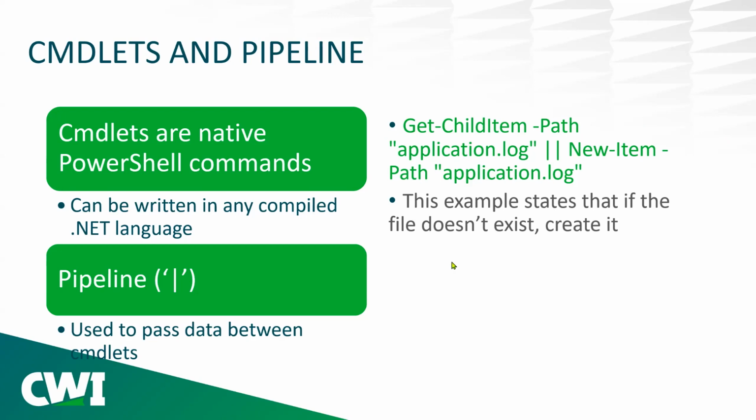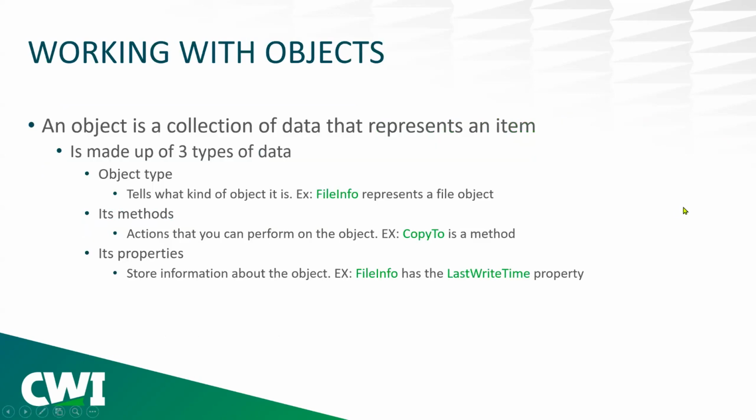But anyway, a pipeline is where you pipe those two things and put them together. So next we have working with objects, and an object is a collection of data that represents an item. It's made up of three types of data.